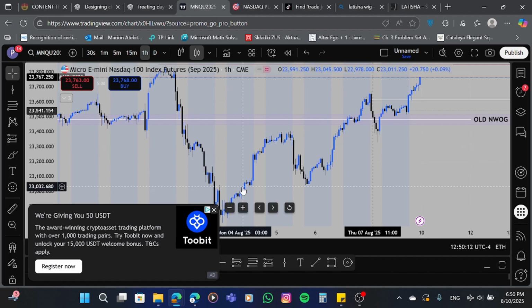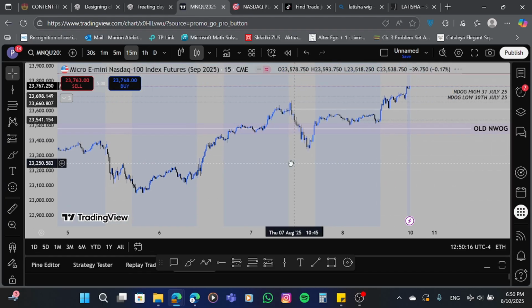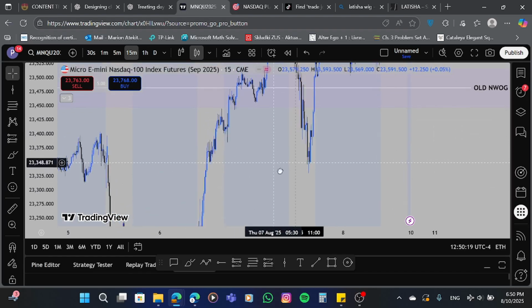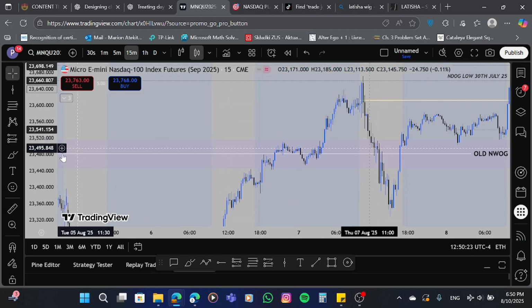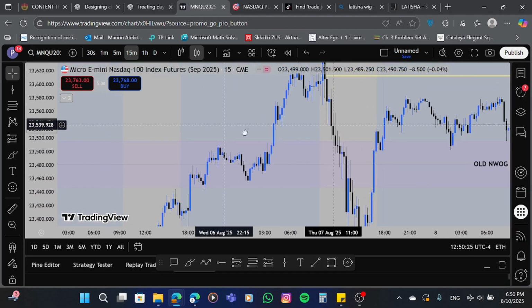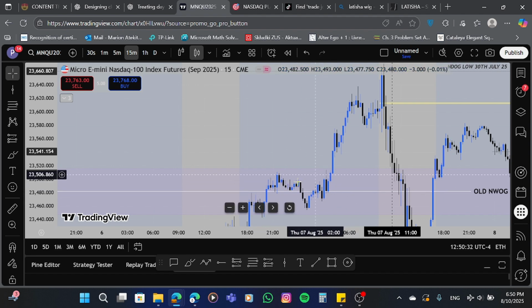So if I drop back into the 15-minute time frame, remember, we already know that from the higher time frames we're seeking buy side liquidity. At this point, we're nearing the New York Open, and I see this speed bump.